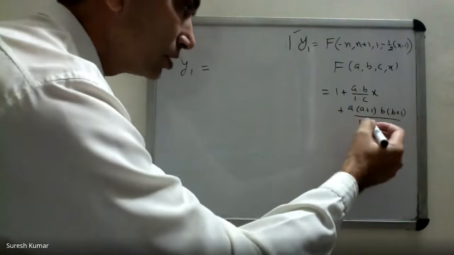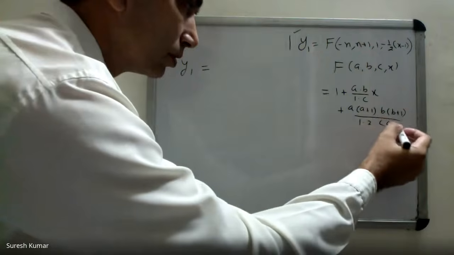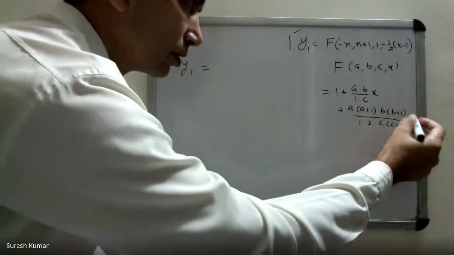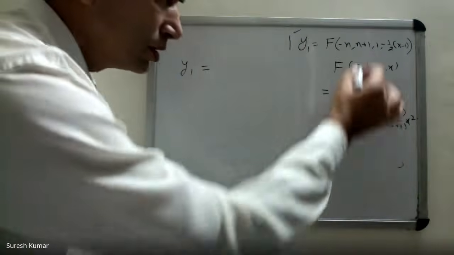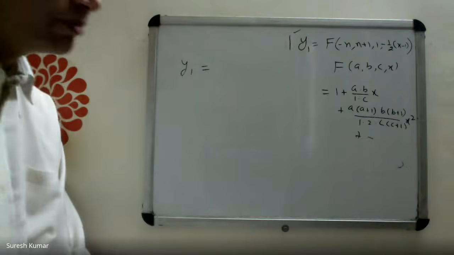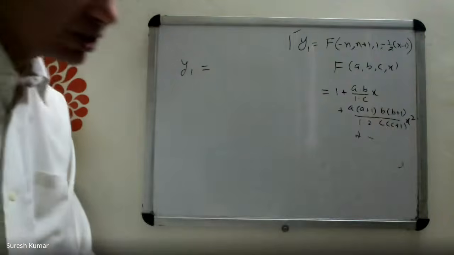It goes like this. This is the expansion of F(a, b, c, x). F(a, b, c, x) in fact stands for this power series.